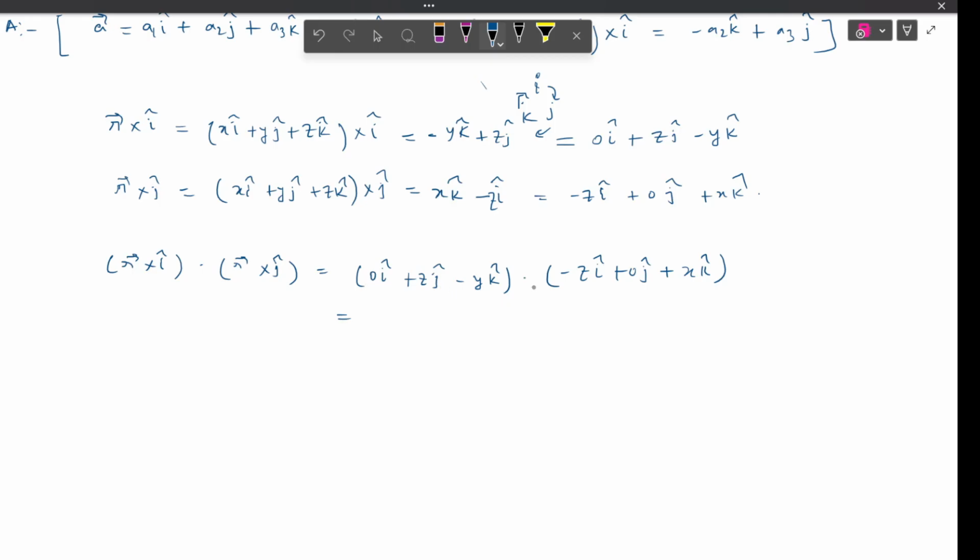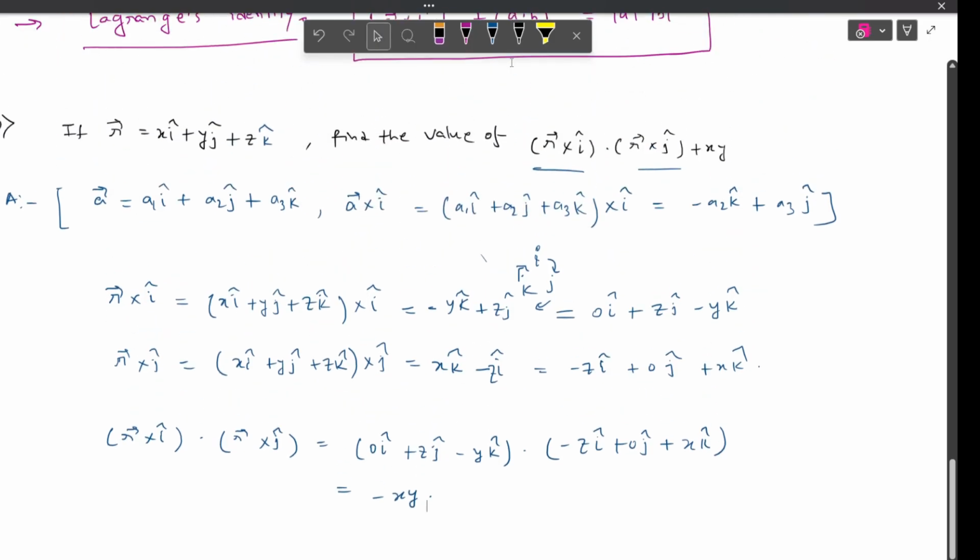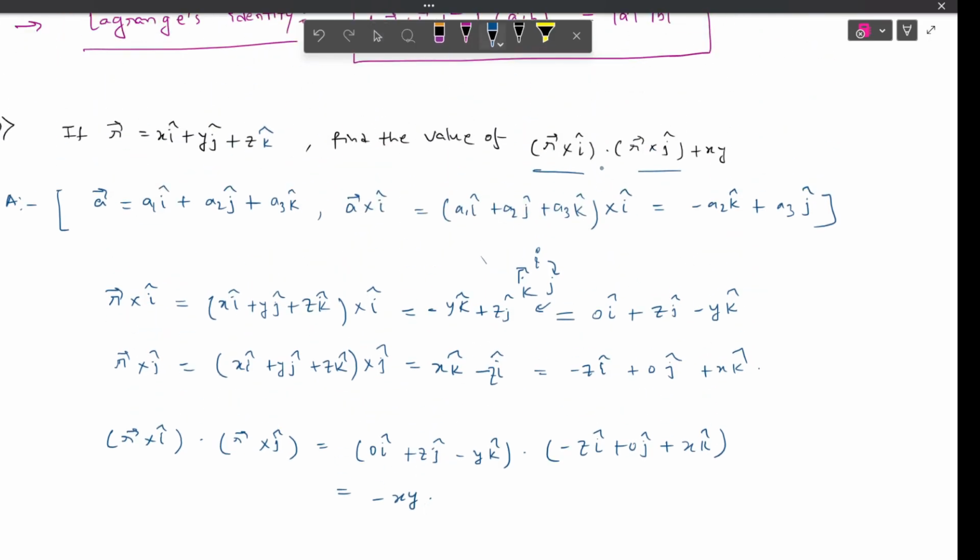J dot j will be 0, 0 multiplied by z is 0, and k dot k is 1, so you'll get minus x into y. So you got this as minus xy and plus xy is there, so it would be 0. So the value of this is 0. Okay.